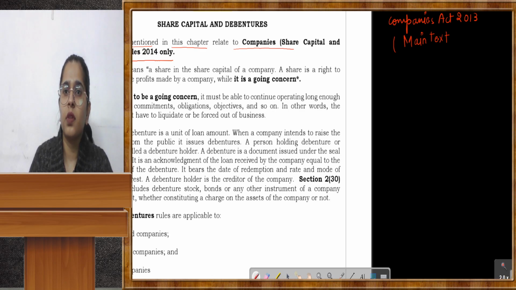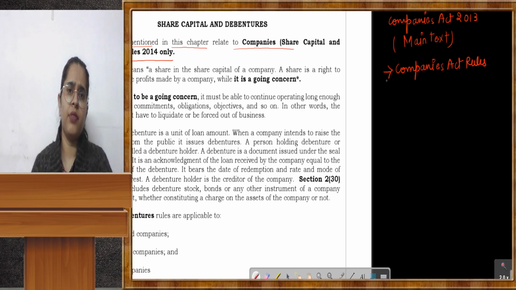Now, related to this, some rules and regulations are also clarified by the government. Those rules and regulations come under the Companies Act rules. These rules can deal with different topics, and one such topic is share capital and debentures.